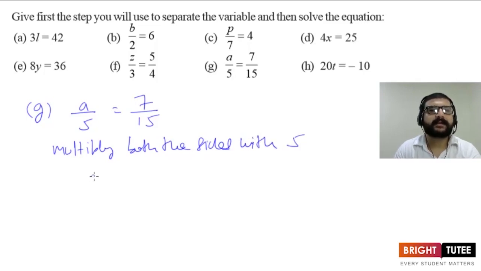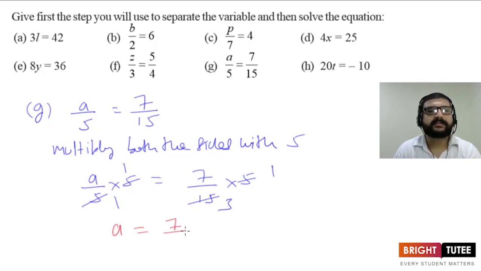Now by doing that we will get a upon 5 into 5 is equal to 7 upon 15 into 5. Now for simplifying this we can cancel this 5 with this 5 and this 5 will be cancelled out with 15. We will get 3 here. So the value of a will be equal to 7 upon 3. Hence the final solution of the equation is a is equal to 7 upon 3. The value of a is 7 upon 3.